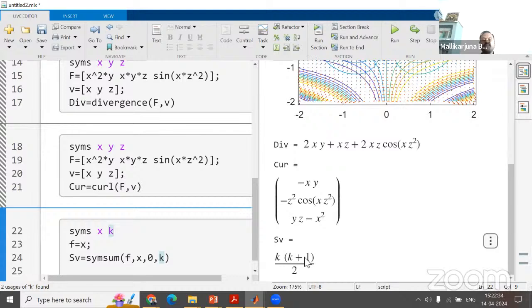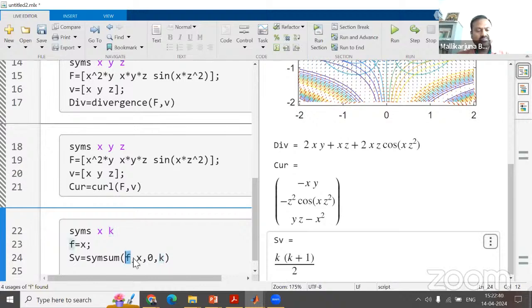So f is the function, in terms of which variable. The summation starts from 0 up to the k value. If suppose in place of k you give any finite value, then it will give the result.